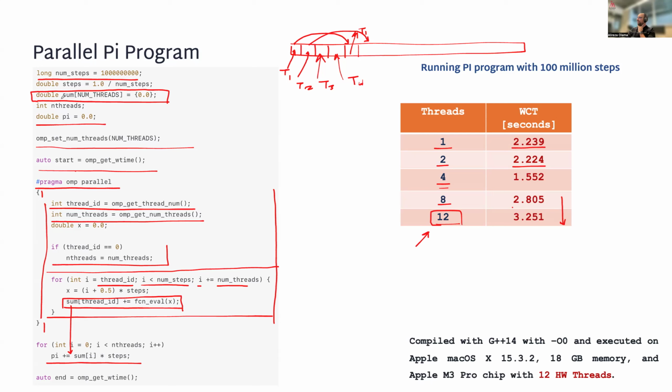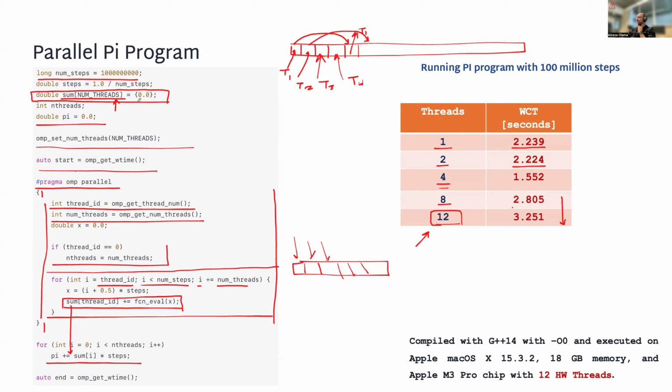Yeah, the problem comes with this sum here. So does it sound familiar to what we saw today? Because we have different threads updating this sum. So we have a sum array, and we have different threads working on the elements of this sum.